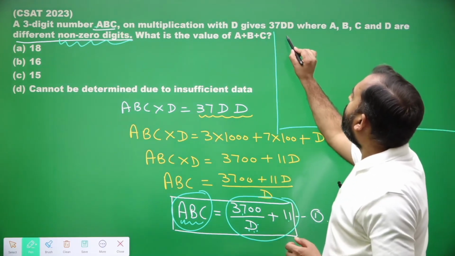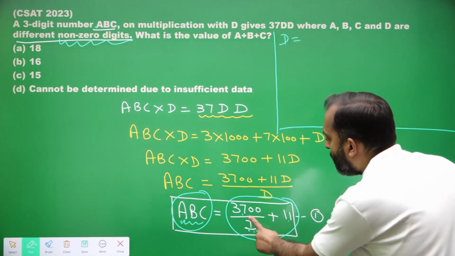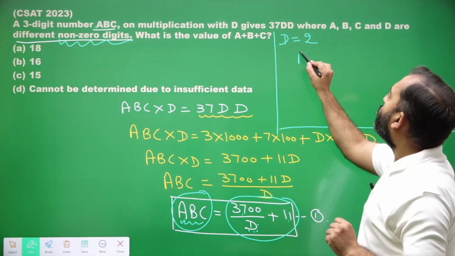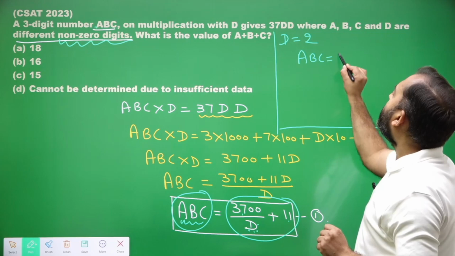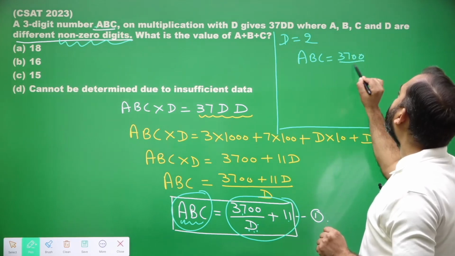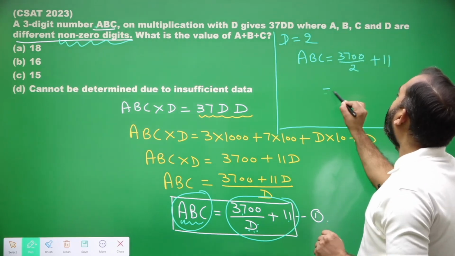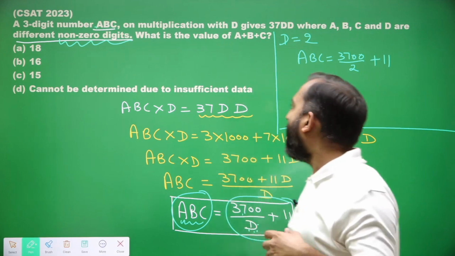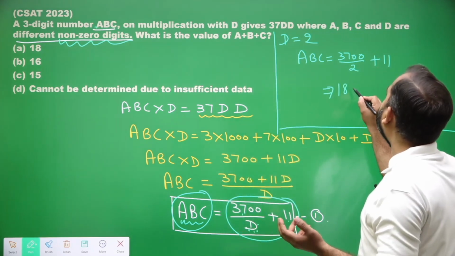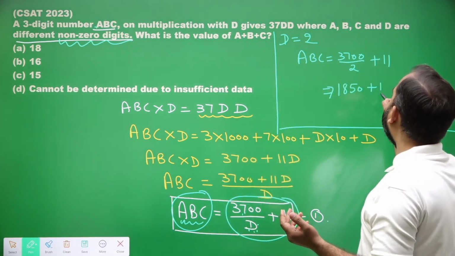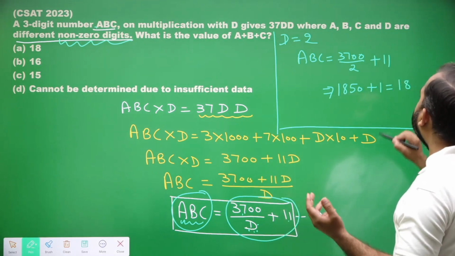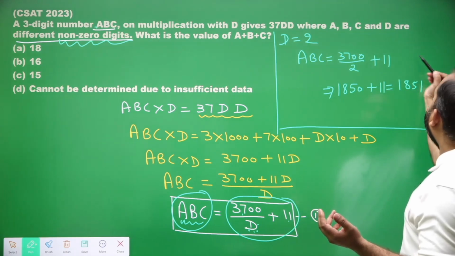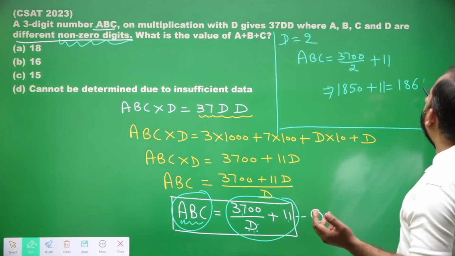Now, another value that will divide 3700 completely is 2. So if you put D equal to 2, this equation will become ABC equals 3700 upon 2 plus 11. Half of 36 is 18, so it becomes 1850 plus 11, which is equal to 1861.